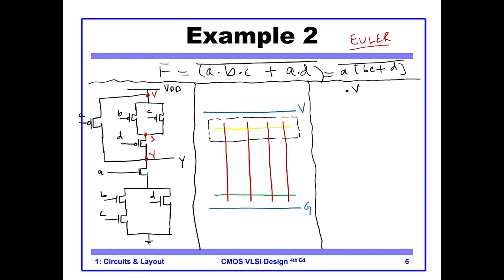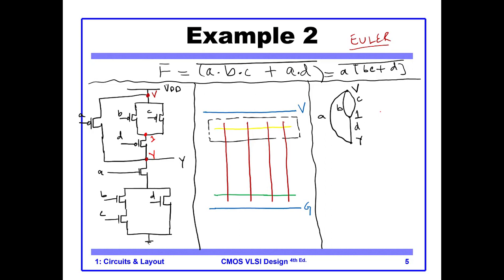We start with V, then we have 1, then we have Y. So what will happen, between V and Y I have A, between 1 and V I have B, and I also have C. Between 1 and Y I have D. So this is the Euler path for PMOS.